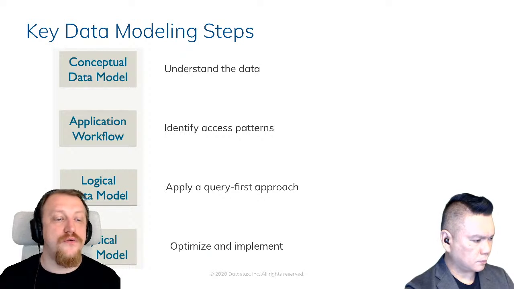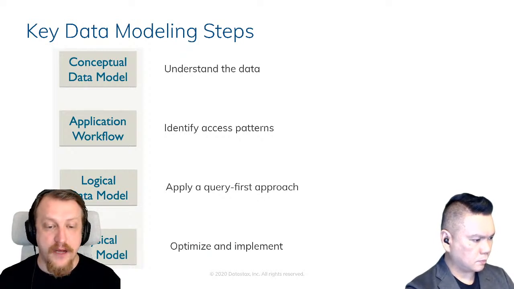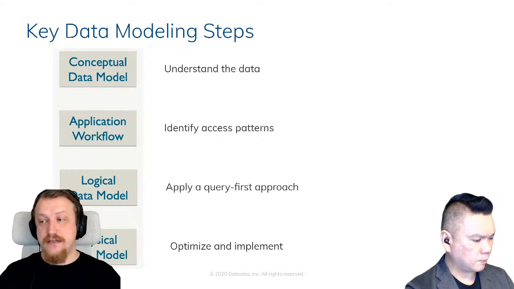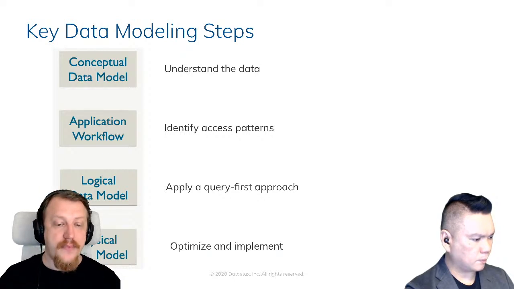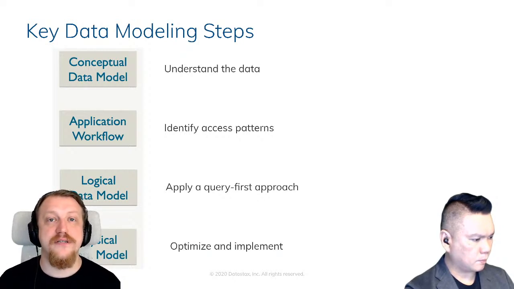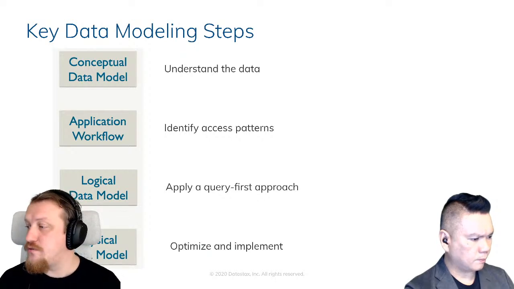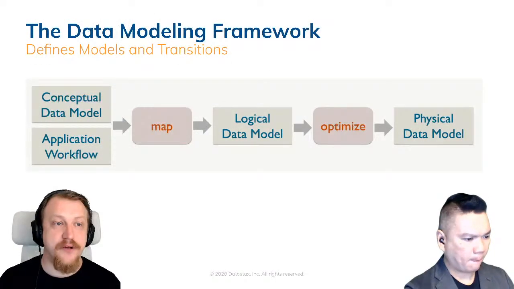When we go to a logical data model, applying a query-first approach, as a result, after optimizations and implementation of the logical data model, we are going to have a physical data model. So we finally have table definitions, and we know exactly how we are going to create our tables.